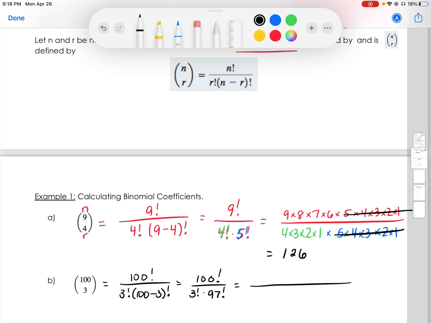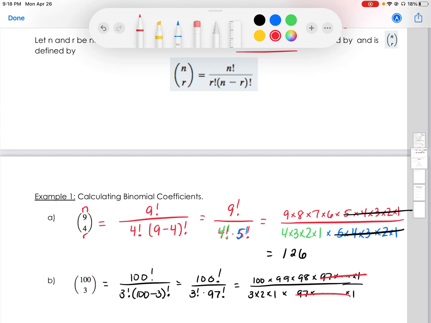Now, I'm not going to write out every number here, but we have 100 times 99 times 98 times 97, 96, 95, all the way down to 1. All right, then we have 3 times 2 times 1, and then we have 97 times all the way down to 1. Well, that 97 all the way down to 1 can cancel in the top and the bottom.